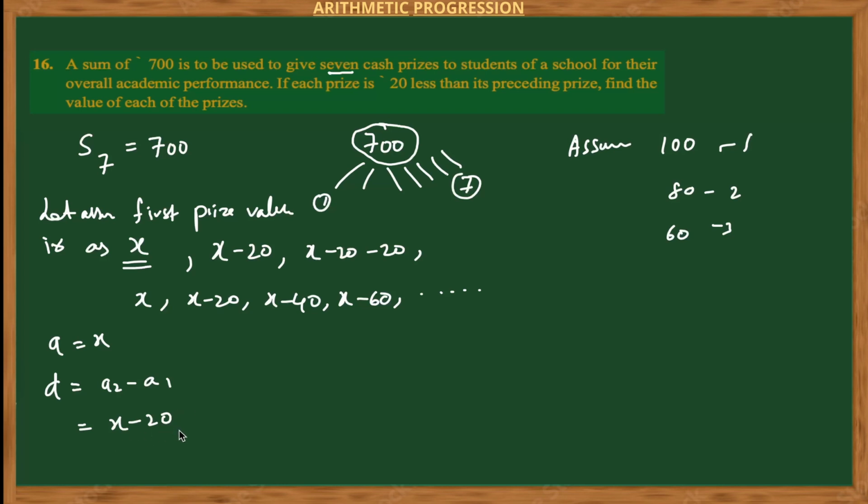So x minus 20 minus x, where x gets cancelled, the value of d is equal to minus 20.